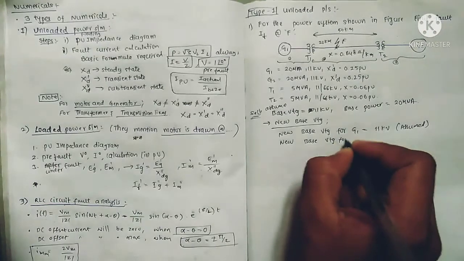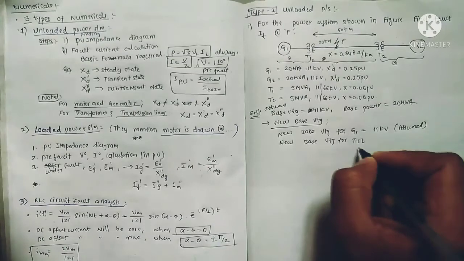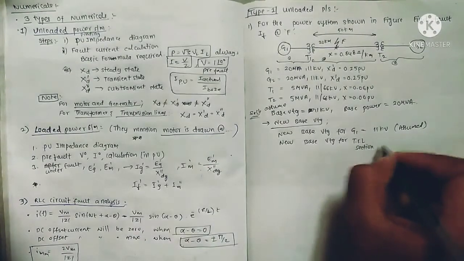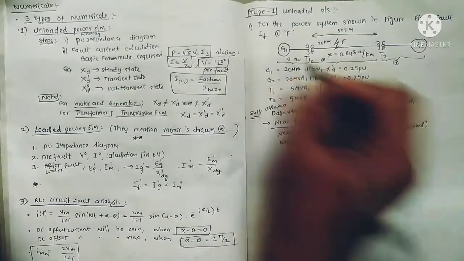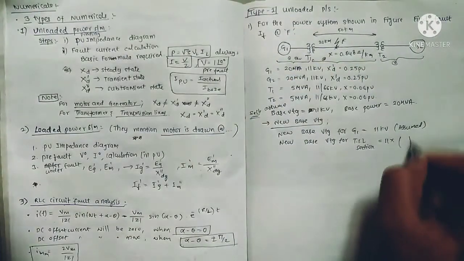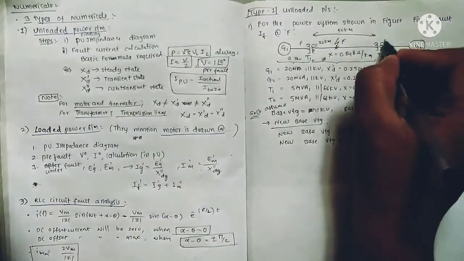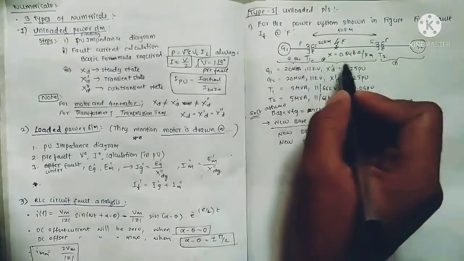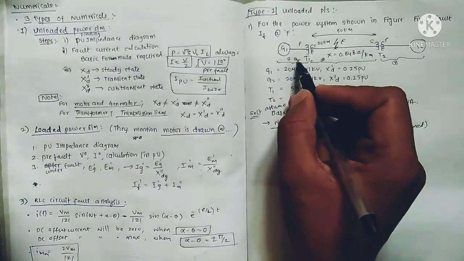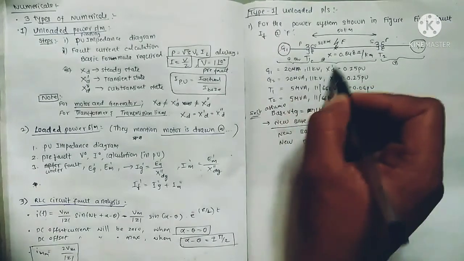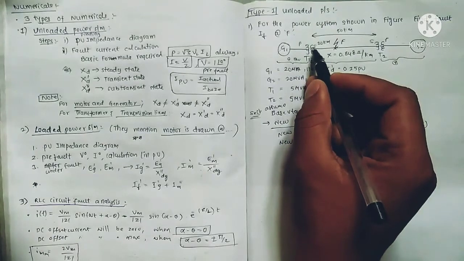New base voltage for the transmission line section is equal to the previous section voltage, 11 kilovolt, multiplied by the transformer ratio. The generator is connected to the primary and this is the secondary. We are calculating this section voltage, moving from the known section voltage, primary to secondary.